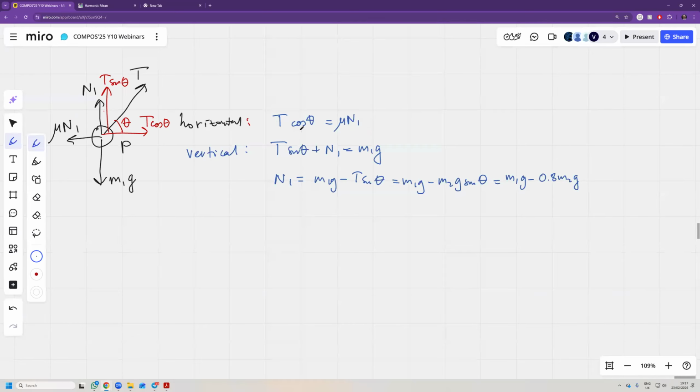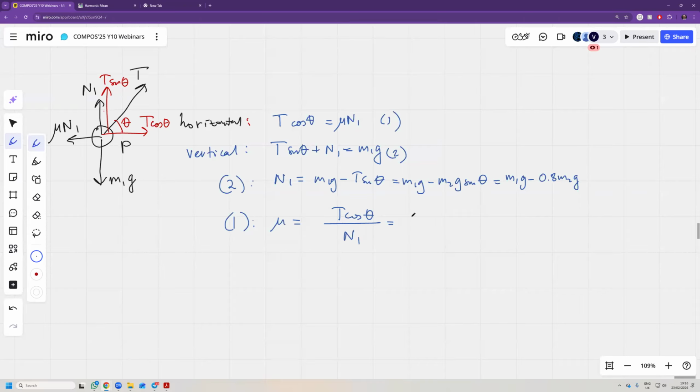Lovely. That's the normal reaction force. From the first equation, we get mu is equal to T cos theta divided by N1.